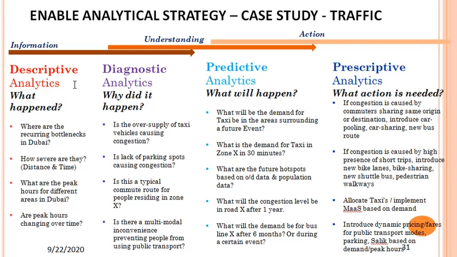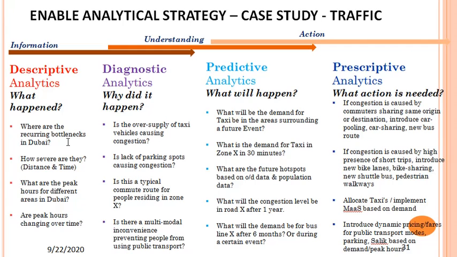Depending upon the case study which you are trying to solve through data science, all these steps will be modified, but the steps will remain the same. In descriptive analytics, we tend to see what happened. For example, if we are talking about traffic scenarios, we will see where the recurring bottlenecks in Dubai are.